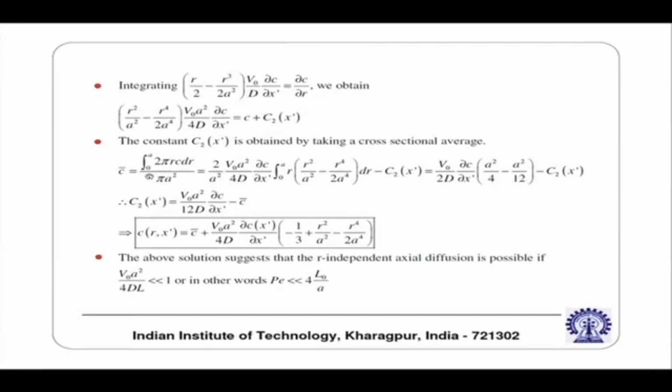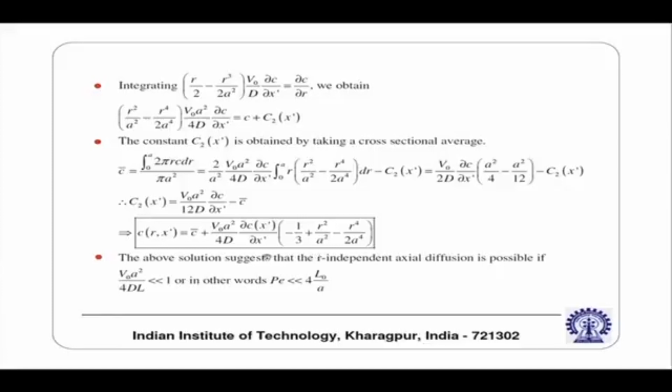So what we will do, see the cross sectional average concentration is defined in this way, integral 2 pi r c dr by pi a square, just the cross sectional average. So if you take the cross sectional average of this equation, then you will be able to express C2 in terms of C average, okay. So then your equation in terms of C average becomes this one, okay.